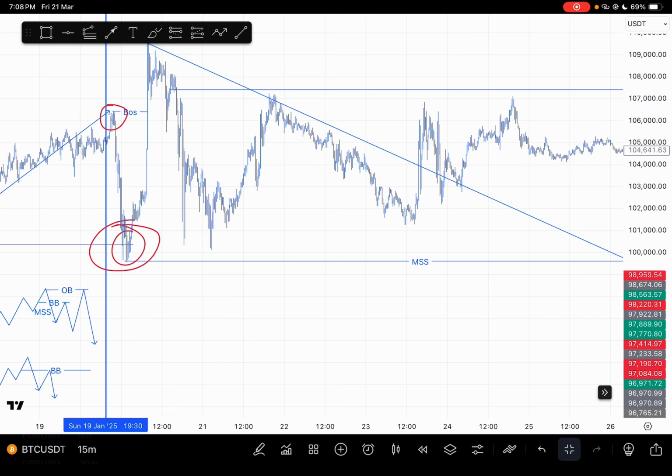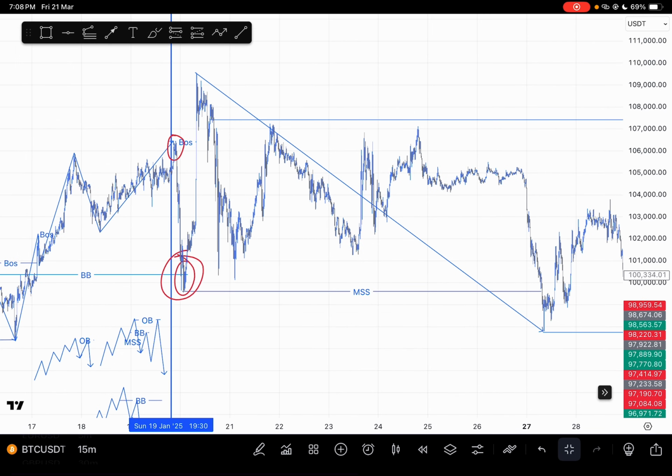And for this kind of setup, you need to have patience, because most times it takes days or a week for price to go back to your point of interest, back to your zone, just like that.